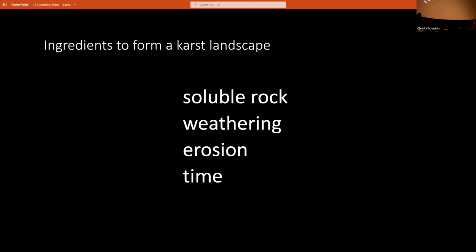We need that chemical and mechanical weathering action that we've talked about. We need erosion. We need to move those materials through the cave passages or they won't develop, and all of this takes a bunch of time.